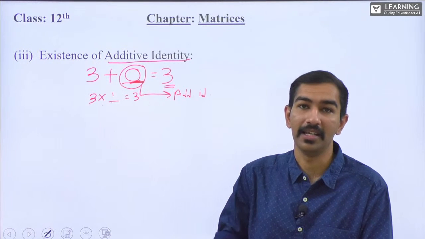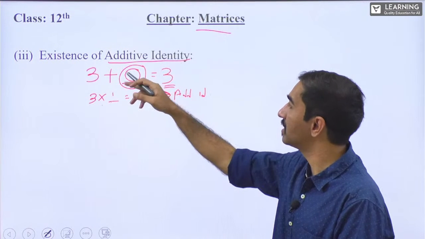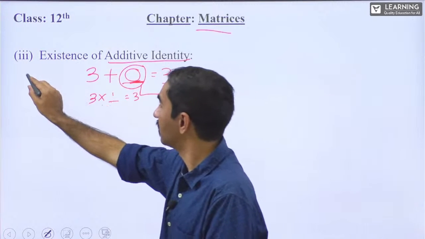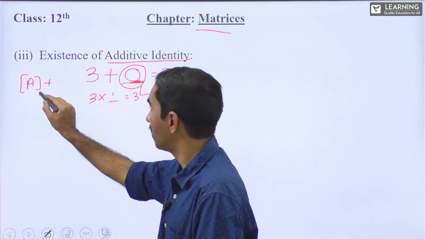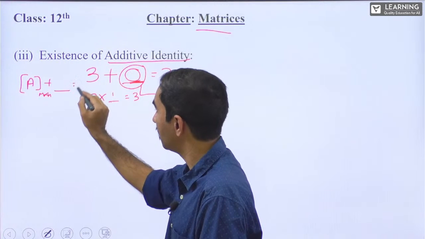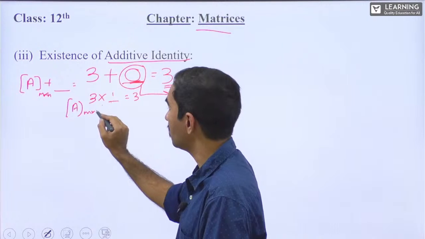Now here we are talking about matrices, right? So what is the additive identity? Existence of additive identity in matrices means there is a matrix A of order m cross n, let us take. This is added to some other matrix such that we will be getting matrix A only, of the same order m cross n.